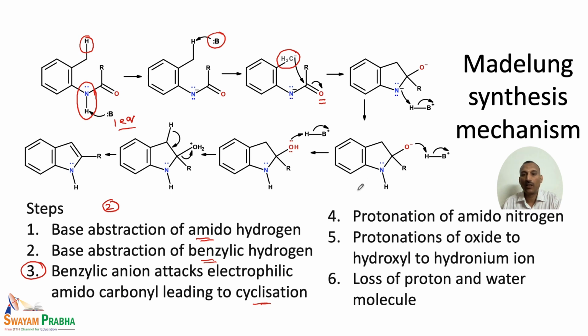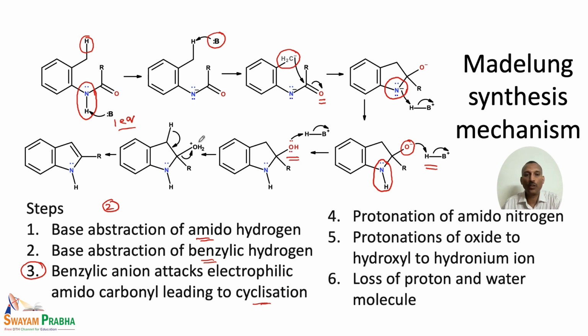And then the next step is the protonation of the amido nitrogen. That means the negative charge on nitrogen is now neutralized by the proton, so we end up with the NH unit as a neutral one, and the oxygen has a negative charge. This is also neutralized by the abstraction of a hydrogen atom. So, this oxide is now converted to the hydroxyl, and this hydroxyl is then converted to the hydronium ion by another proton abstraction.